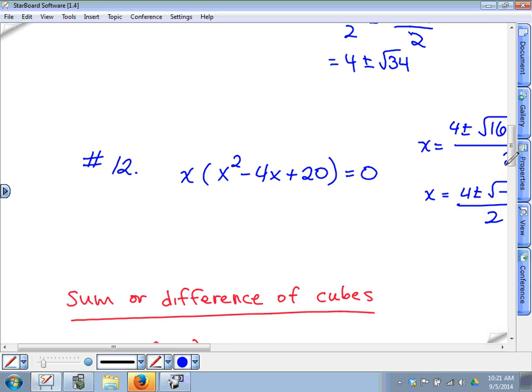Like x squared minus 9 or x squared minus 25. You remember me asking you if x squared plus 25 is possible? Can you factor x squared plus 25? No, because it's the sum of squares. You can't do sum of squares. But you can do sum or difference of cubes. You can do both. It's just a little formula.